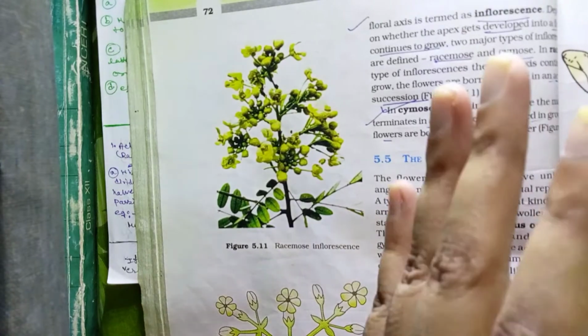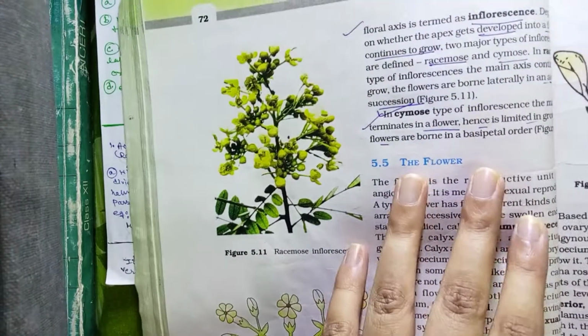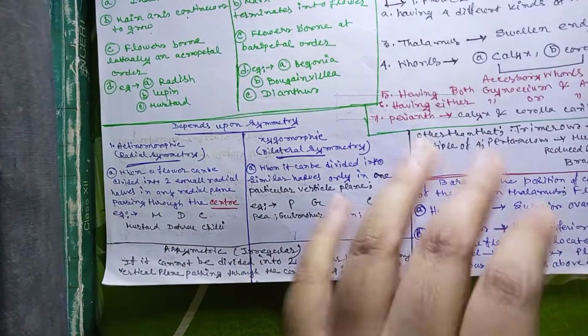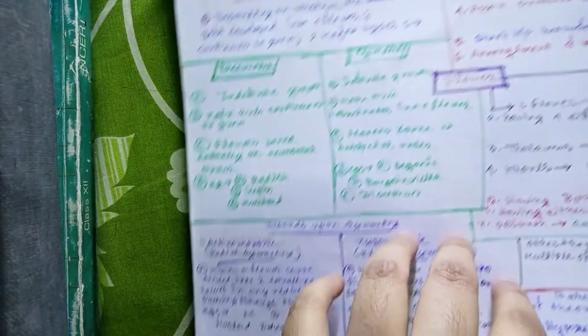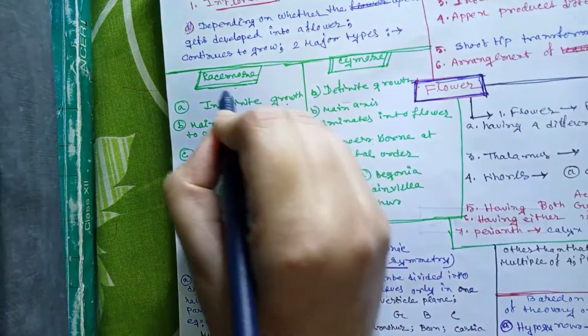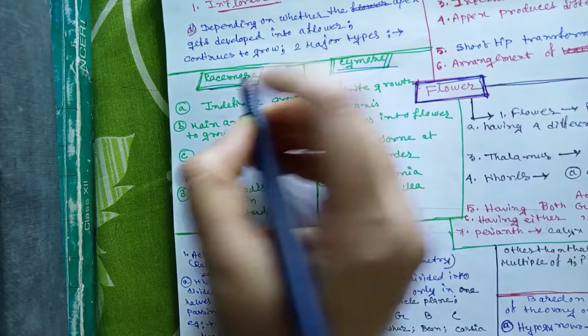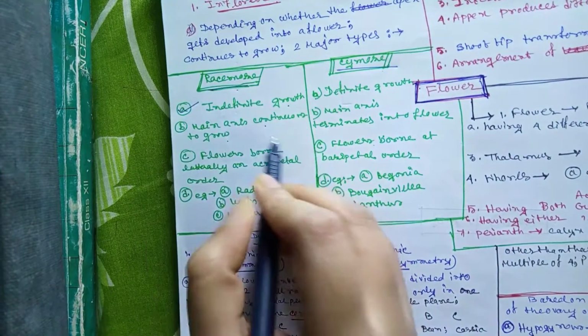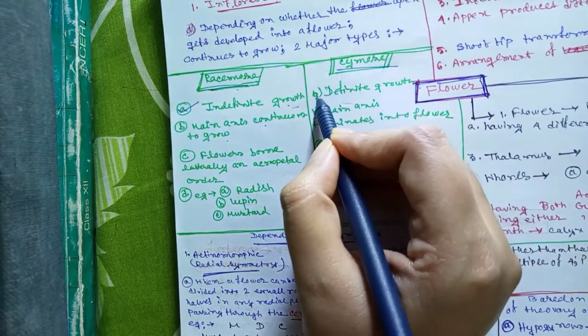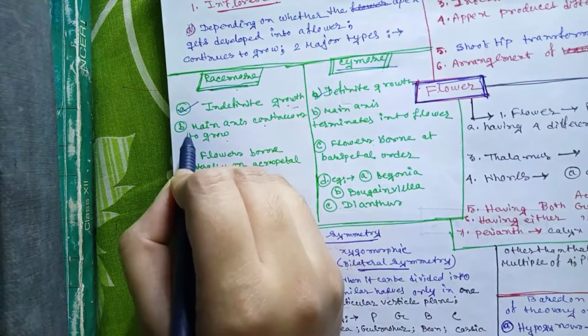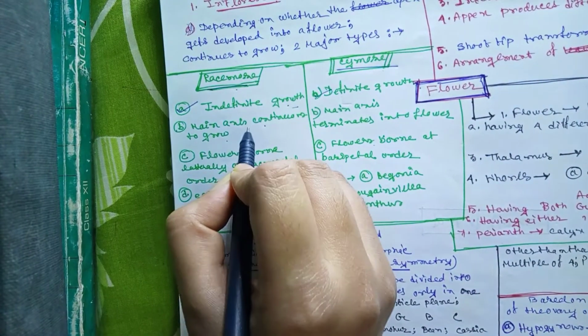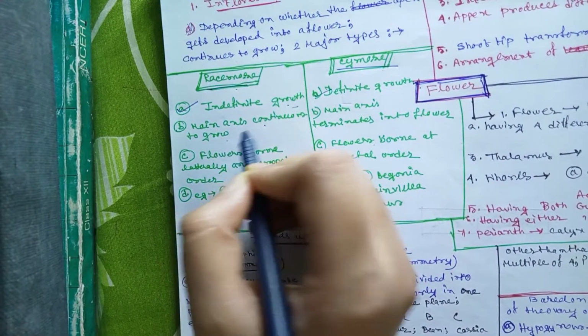Now, I have said that I have already jotted down all the key points. Now come to my own notes. Racemose and cymose. Racemose: indefinite growth. Cymose: definite growth. Racemose: main axis continues to grow.